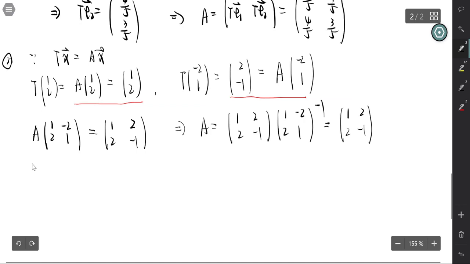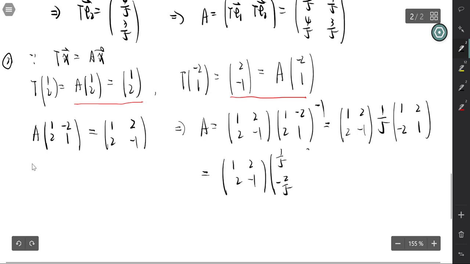The determinant is 1 plus 4, that's 5, so it's 1/5 times the adjugate. Multiplying out, we get 1 times 1/5 plus 2 times -2/5, that is -3/5, then 2/5 plus 2/5, that is 4/5, and here 4/5 and 3/5.